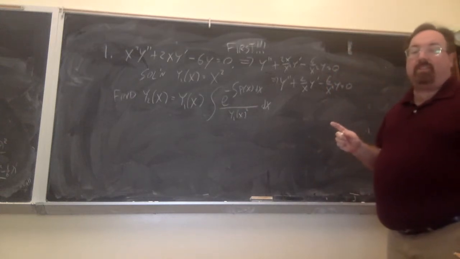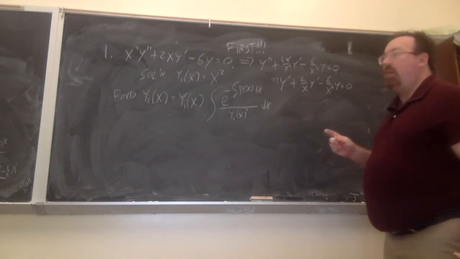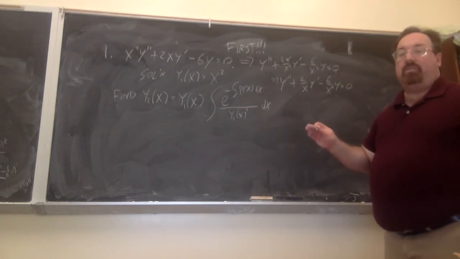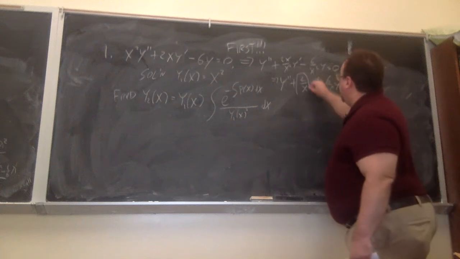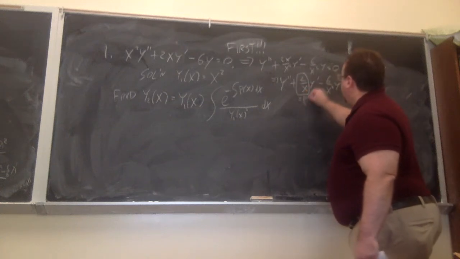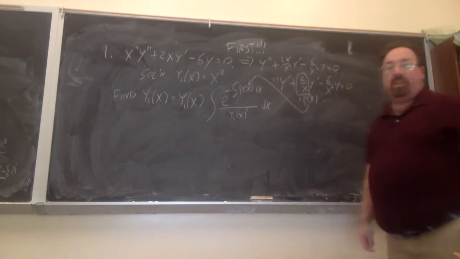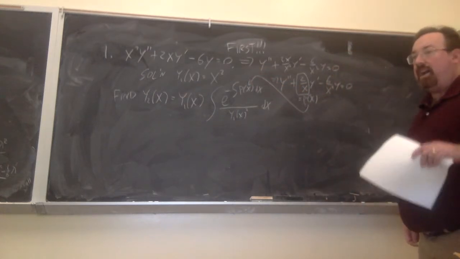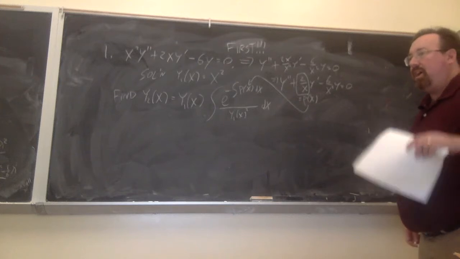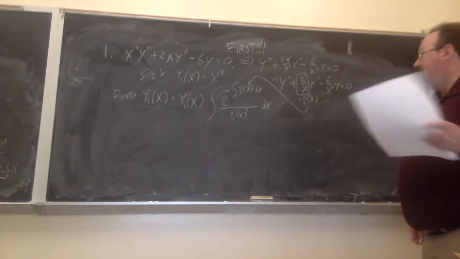The p of x is the coefficient of y prime after you divide. So it's this right here. So this is your p of x that gets substituted in here. You must remember to divide by any coefficient of y double prime before you identify your p, or everything will go wrong.